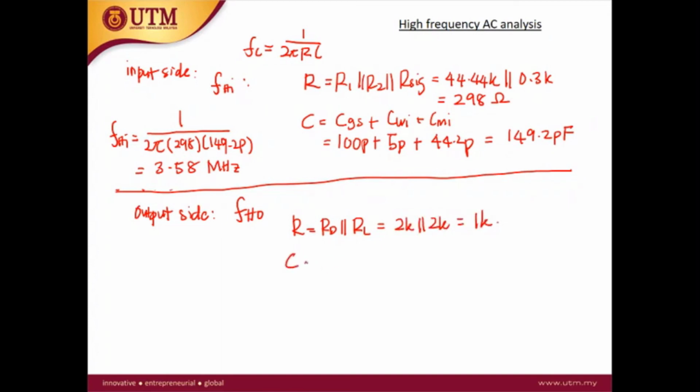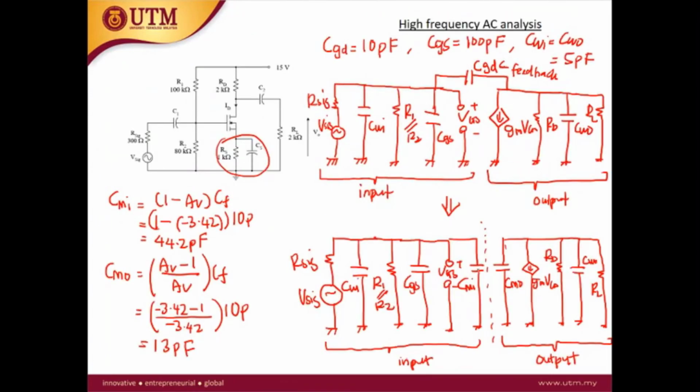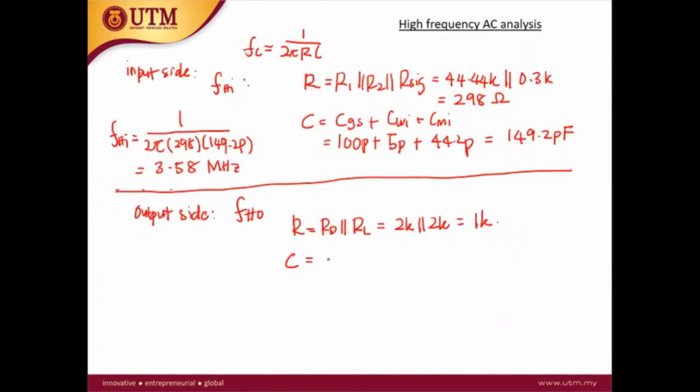For the capacitance at the output side, there are only two: CMO plus CWO.